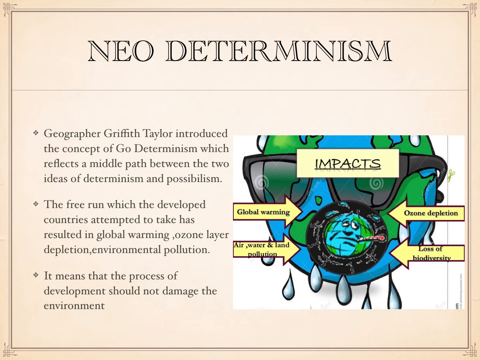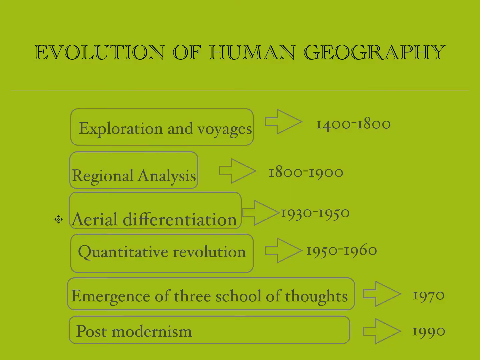So Griffith Taylor introduced the concept of neo-determinism around 1920, which reflects a middle path between the two ideas of determinism and possibilism. The free run which the developed countries attempted to take has resulted in multiple problems which we see around us today. It means that the process of development should not damage the environment. So, this was all about the nature of human geography.